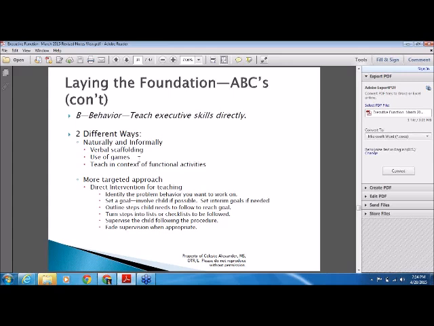All right, so let's skip down to a more targeted approach. Sometimes the natural and informal way is not enough for some of our children. So we have to do direct intervention for teaching. So what you're going to do is identify the problem behavior that you want to work on. Okay, so for instance, rushes through homework, resulting in messy work and careless mistakes.